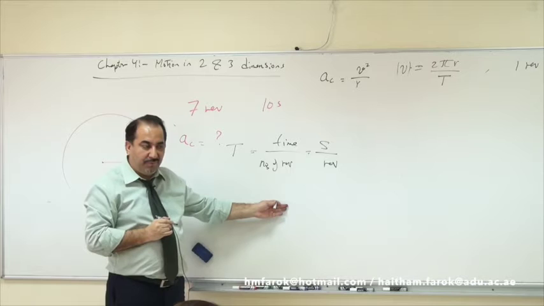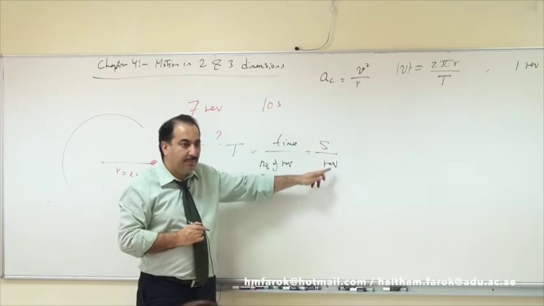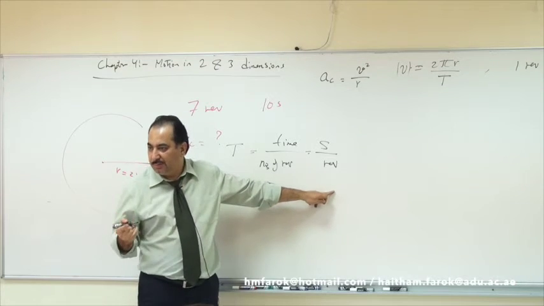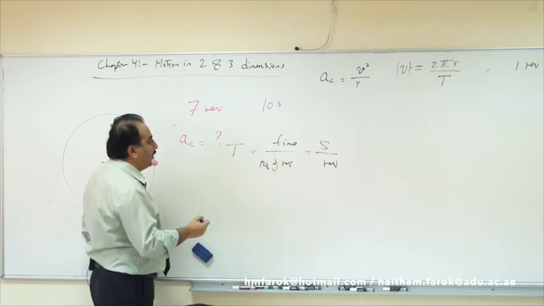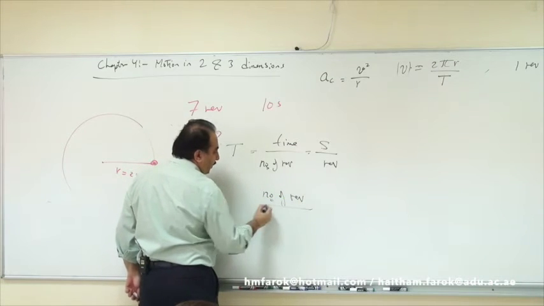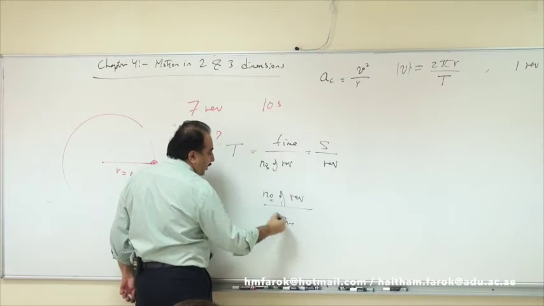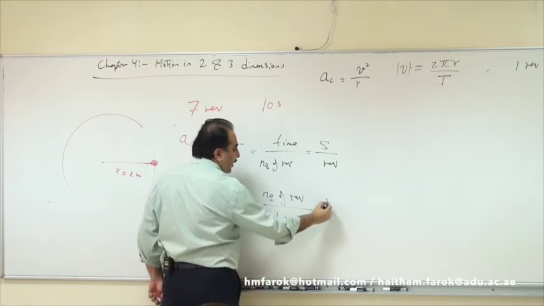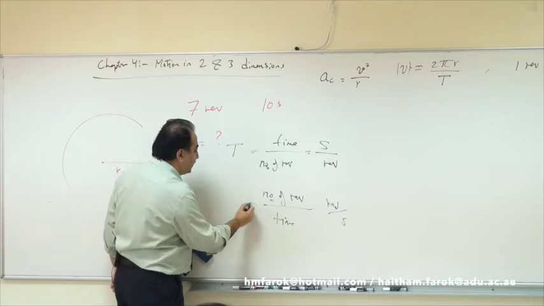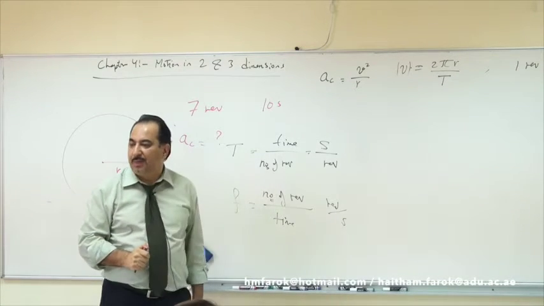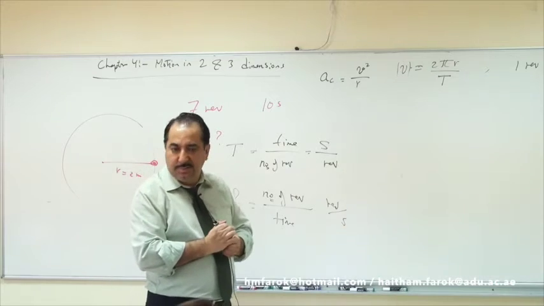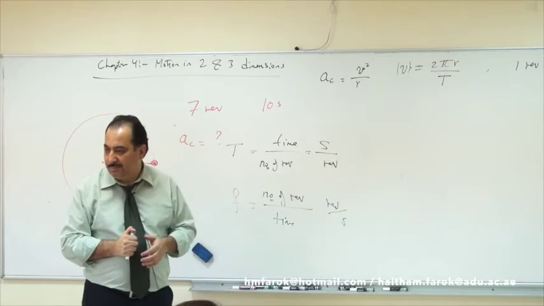That's the time of one revolution. But if you do the other way around, number of revolutions per time, you'll have revolutions per second. We call this frequency, and we don't need it here. Or angular frequency; we need it in chapter 15.